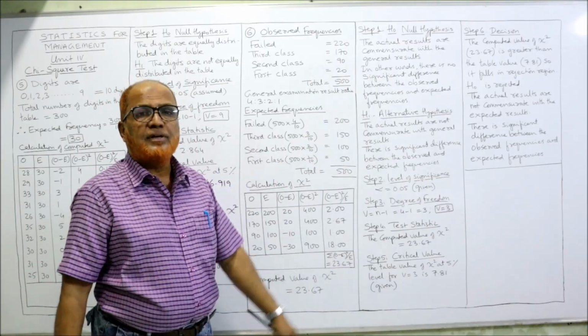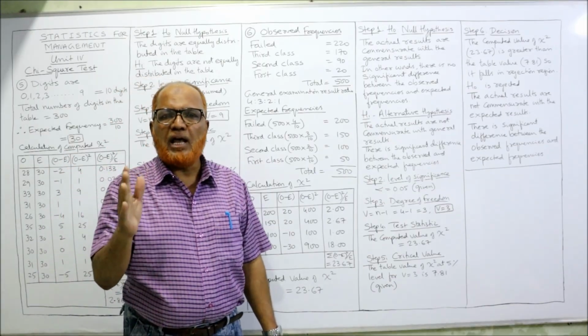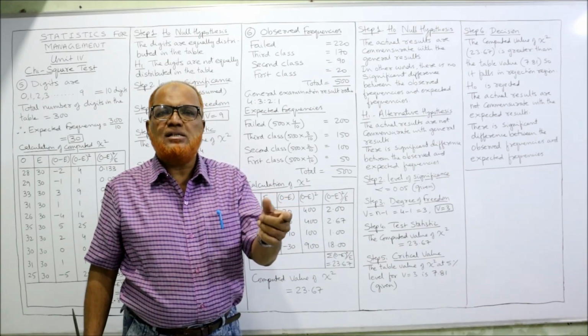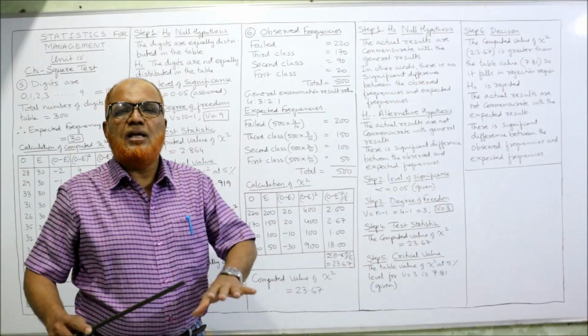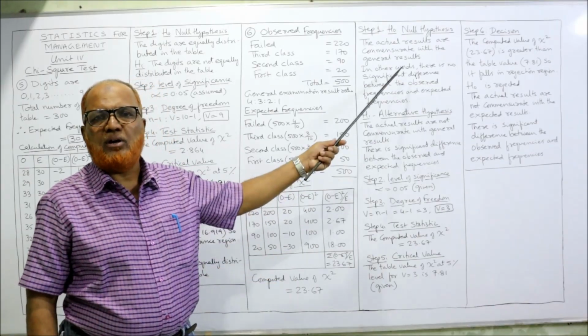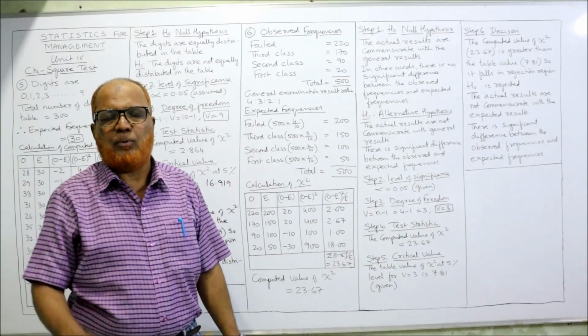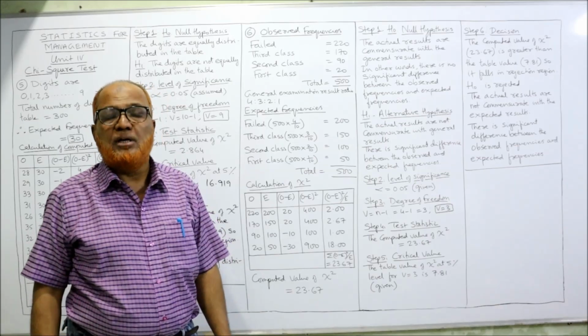Now we frame the steps. First step, null hypothesis. Null means no difference. That means the actual result is commensurate with the expected results. There is no significant difference between observed frequency and expected frequency. That is the null hypothesis. Alternative hypothesis, opposite to that.